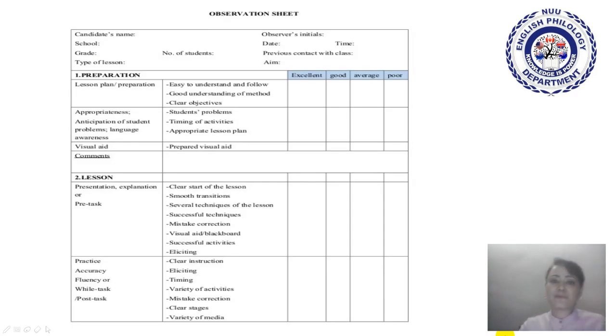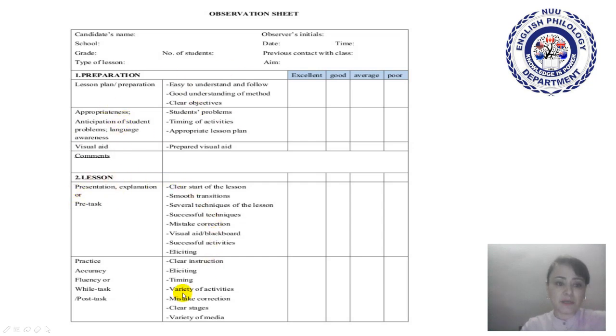Okay, there are some forms of observation you may see here. This is just a school observation form. Preparation: how the teacher prepared for the lesson. Are there any visual aids? You can give some comments on visual aids, anticipation of student problems, and language awareness. That's about preparation.